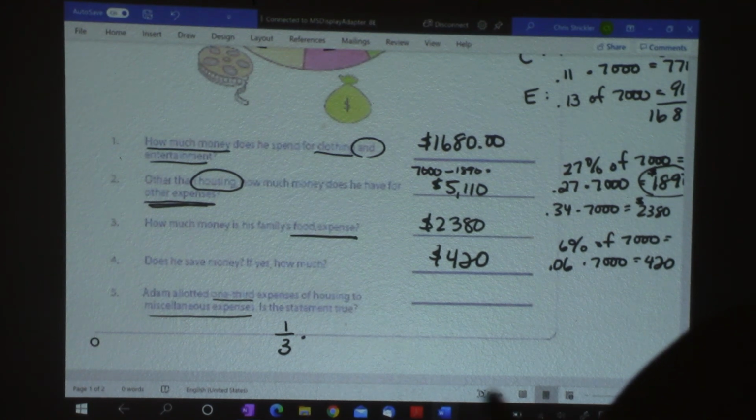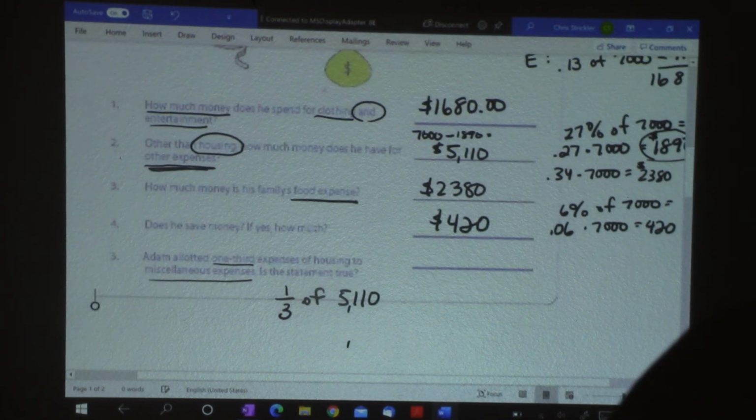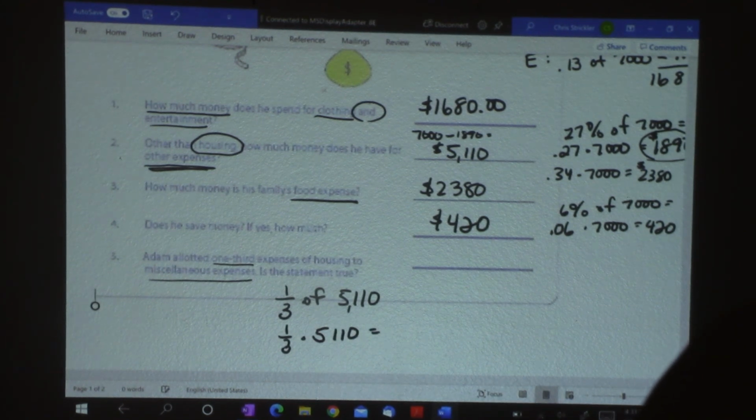Well, 1/3 of 5,110, let's see, 1/3 times that is the same as 5,110 divided by 3, and I get 1,703.